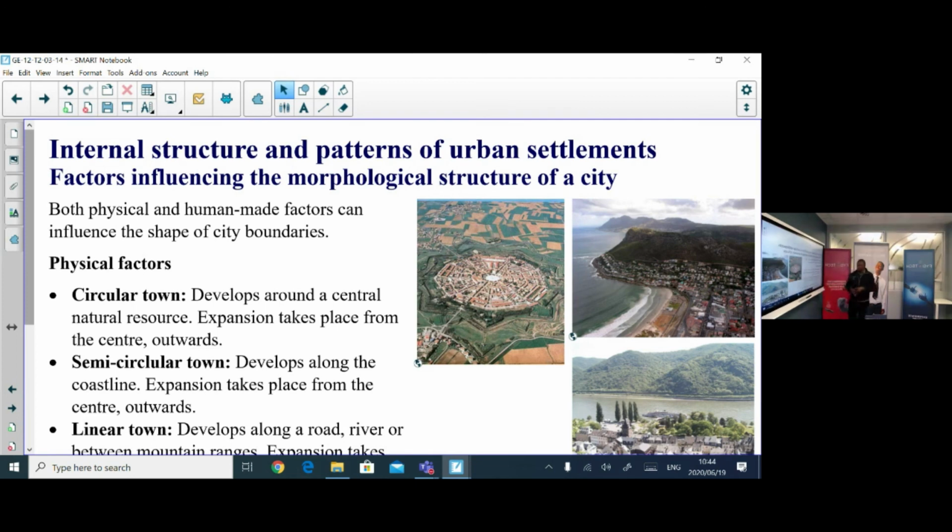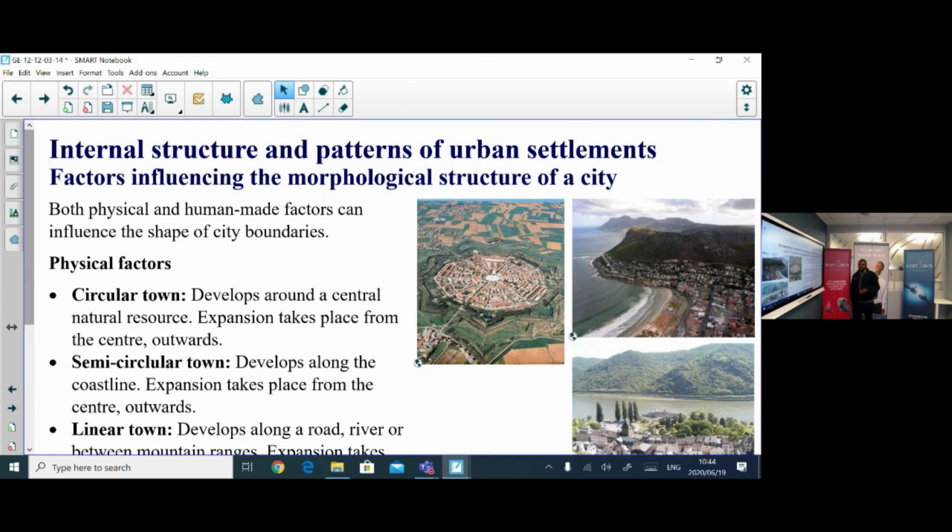Expansion takes place from the center outwards. So let's say the city is built in the center of an attraction, then it has to go outside. It could be a natural resource, or it could be a tourist attraction, and people are actually living on that resource. Then you find that it will be in the center, and people will expand outwards.